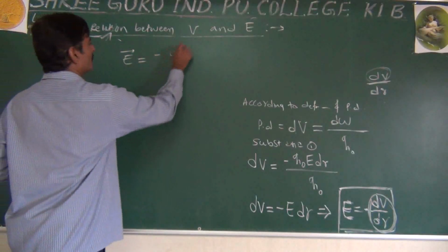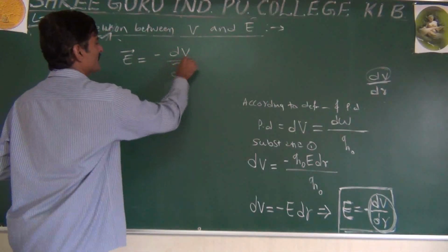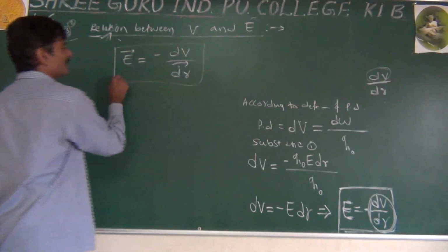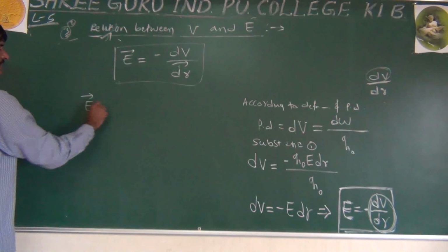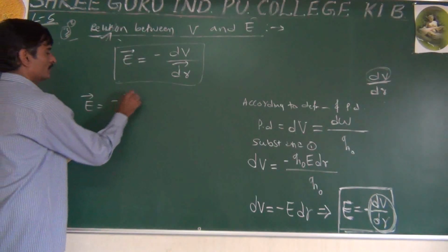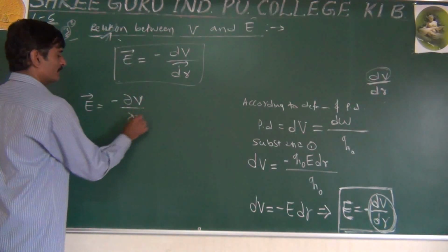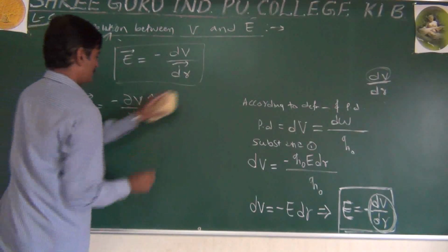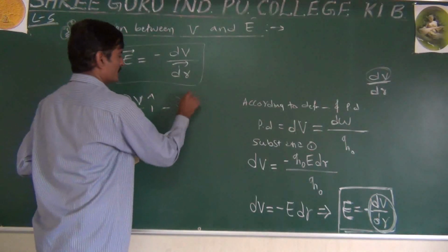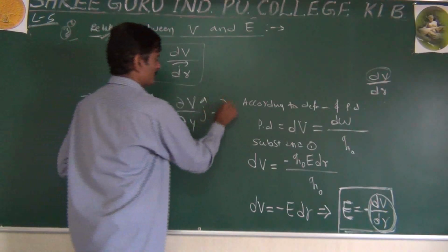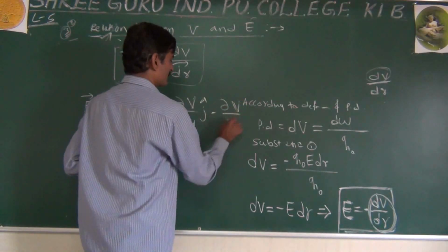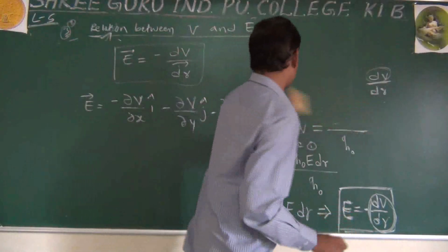Vector E is equal to minus dV divided by dr. This one only I will write like this: vector E is equal to minus dou V by dou x i cap minus dou V by dou y j cap minus dou V by dou z k cap.